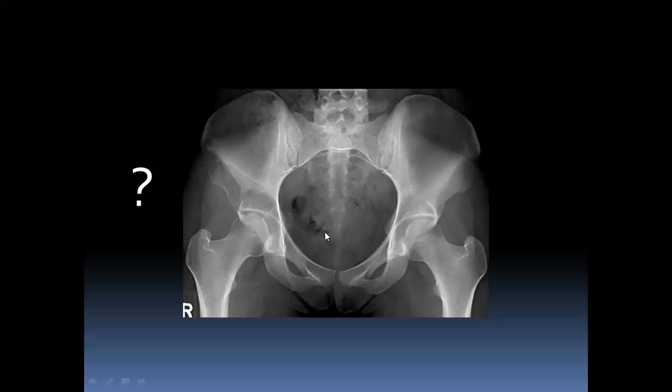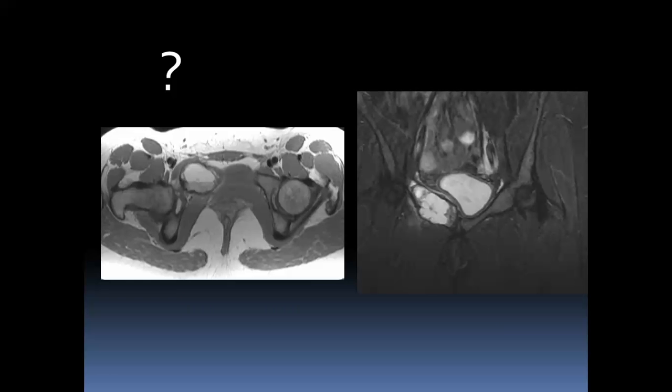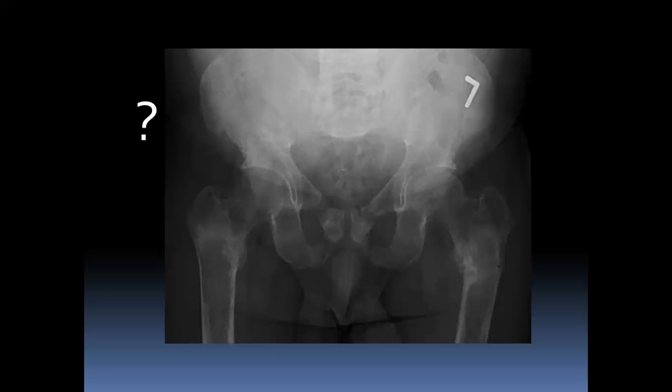Here we can get an area of osteolysis seen here with no matrix calcification. This could be a deposit, and here we will get the swollen pubic ramus with fluid level, that means aneurysmal bone cyst, and this is multiple deposits.